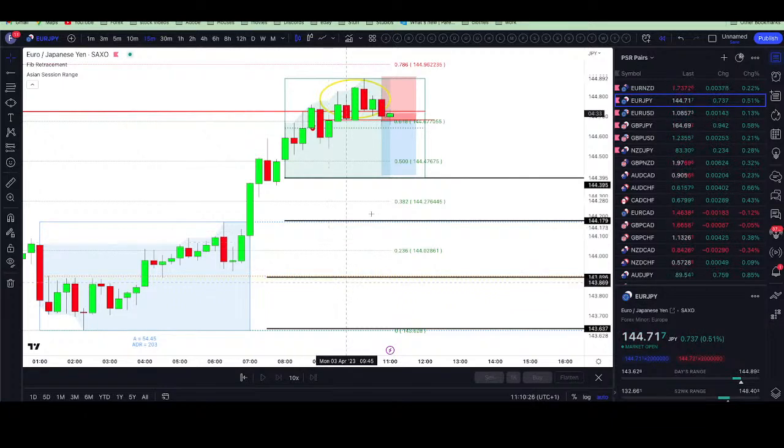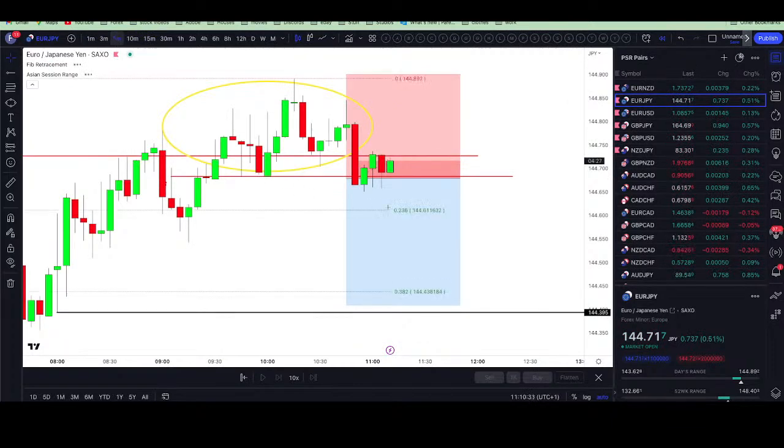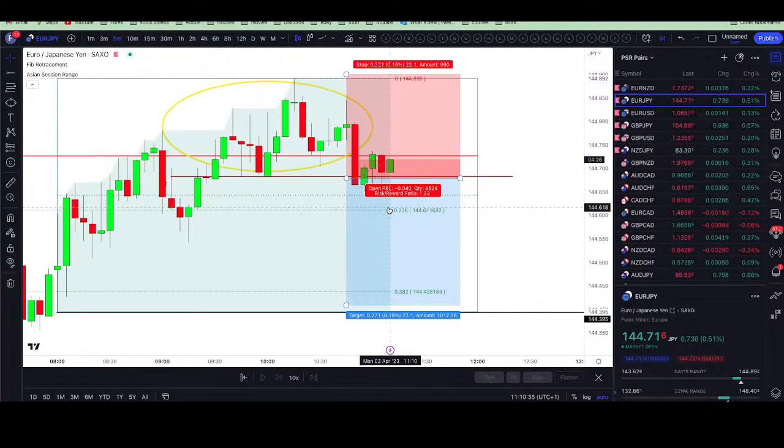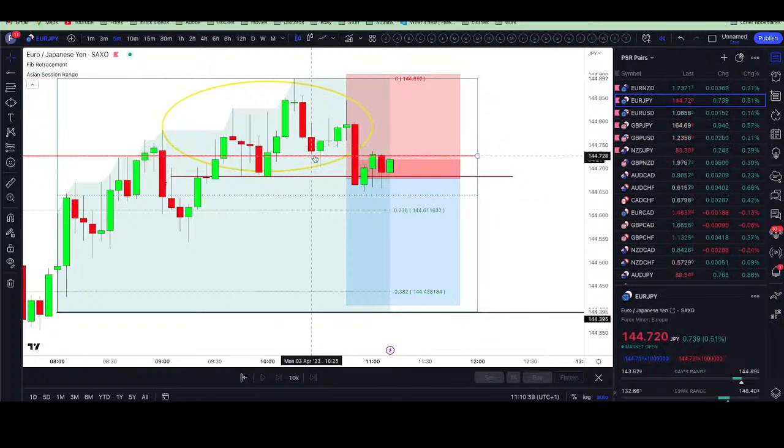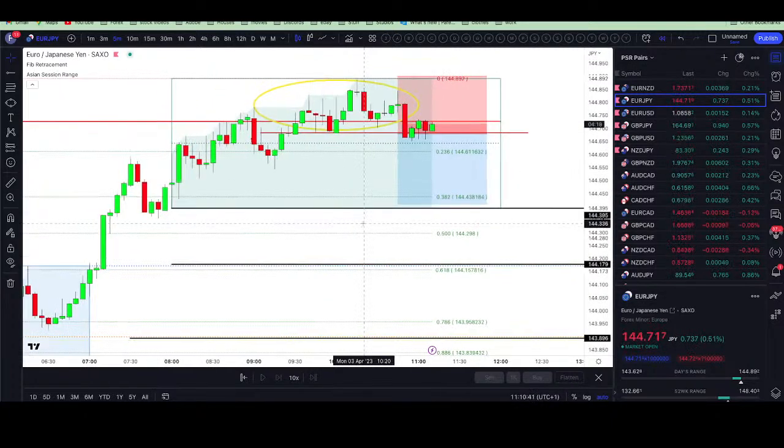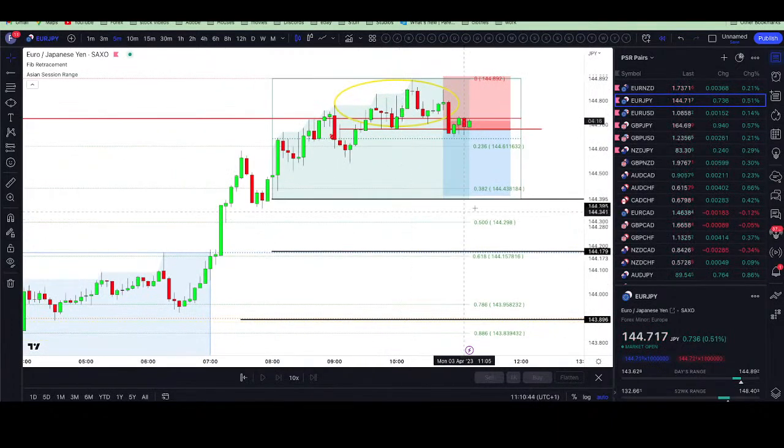Holding this 15-minute impulsive engulfing candle level, it's holding pretty strong. Right now we're seeing a retest to the 5-minute break of structure area. See what they do.